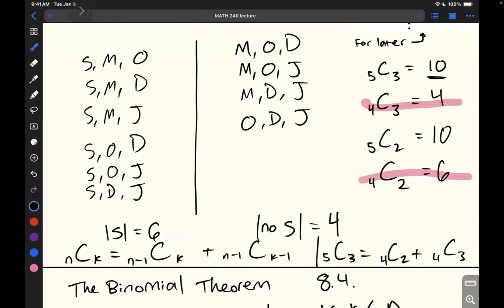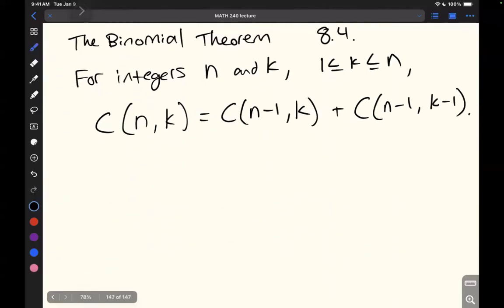I stared at this theorem definition for a long time this morning because I was like, we're not choosing subsets of 2 from 4 people, but the numbers do match up, right? So 4 choose 2 is 6, and 4 choose 3 is 4. Adding those numbers together, we get the number of combinations to choose 3 people out of 5. All right, so that's the binomial theorem.